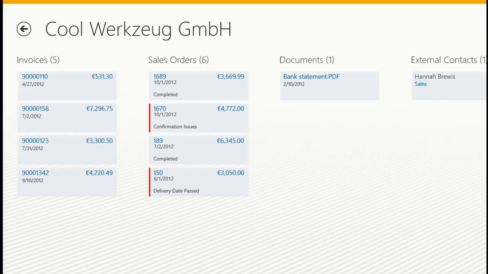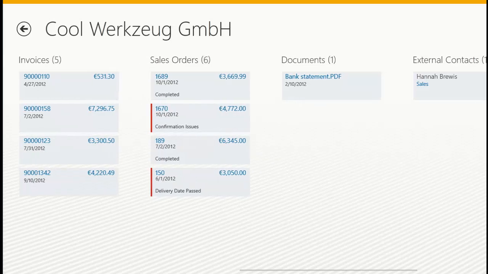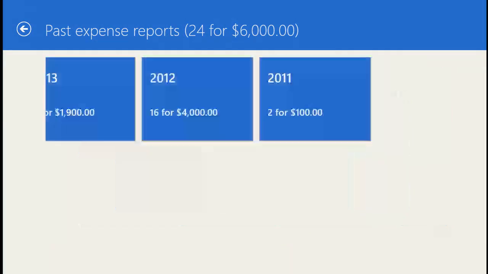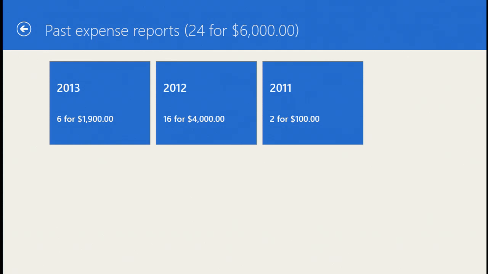I only see 4 things there. Yeah, one of these definitely has more than one invoice. Okay. So that's an example of using the semantic zoom. I also have done this in the expense reports, where when I swipe in, now I can choose the year, and I also am showing the totals there.